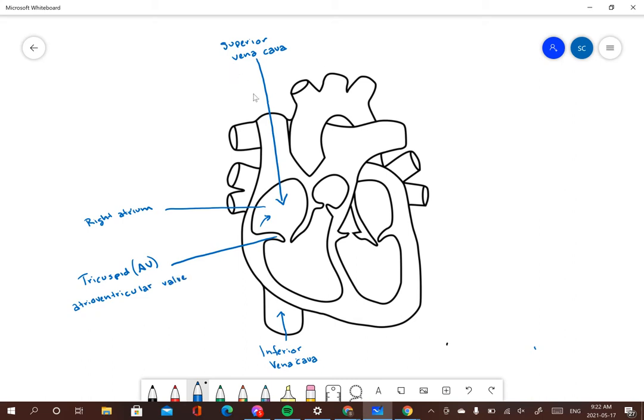Okay, and that valve has two main purposes. The main jobs are to hold the blood in the right atrium before the heart is ready to pump. And then when the heart contracts, it forces that blood through the tricuspid valve, and then that valve prevents the backflow of blood, keeping the blood in the ventricle.